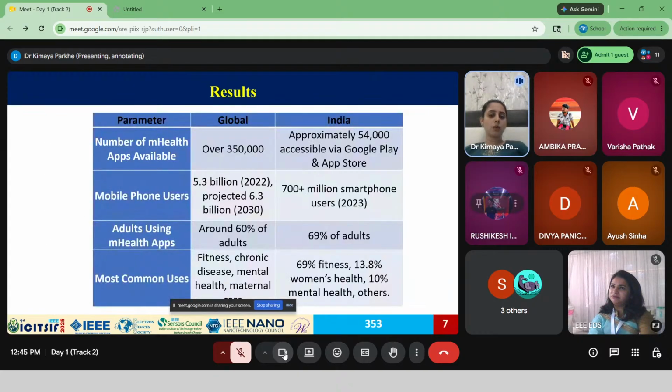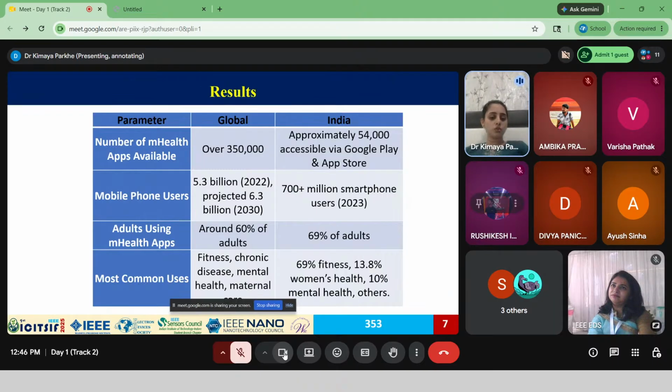So these are a few numbers. As we can see, the number of mHealth applications currently available globally is around 350,000 and in India around 54,000. Comparing mobile phone users globally and in India, around 60% of the adult population globally are using mHealth apps, and 69% of the adult population in India are using mobile health applications.